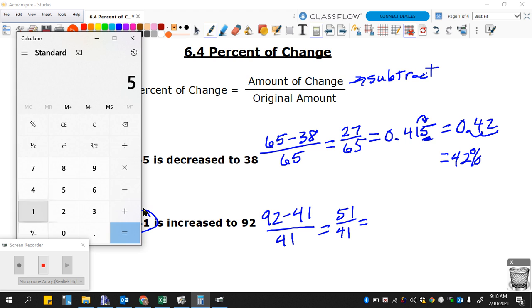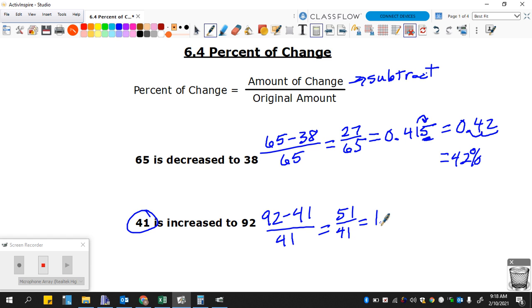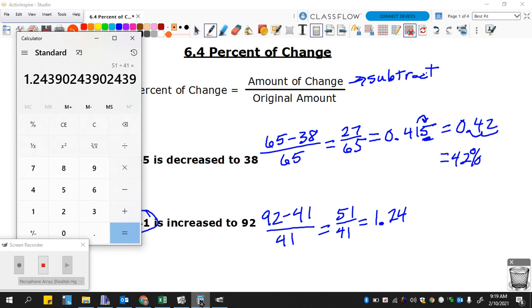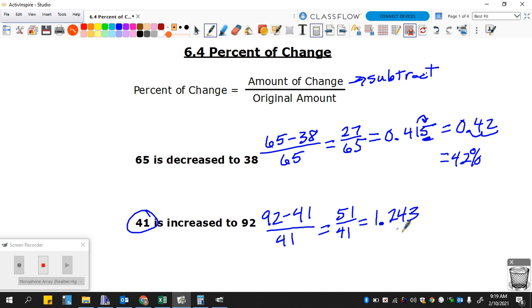So 51 divided by 41 is 1.24. Let's see here. 3, right? Okay, and so rounding off to the second decimal place, that tells us to look to the 3, which tells us to leave it alone.